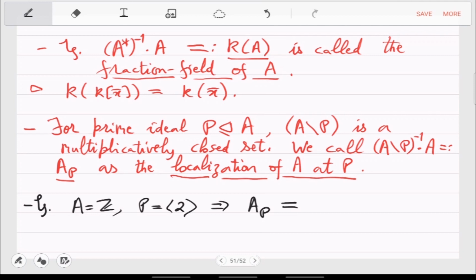So all the odd integers you want to invert, not the even ones. So you get what? You will get numbers like a over b, where a, b are integers and b is odd.